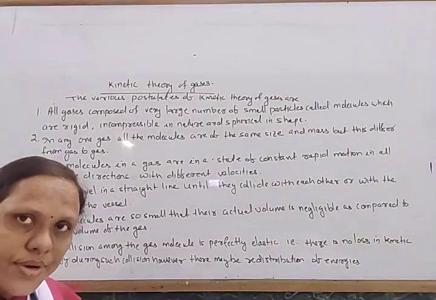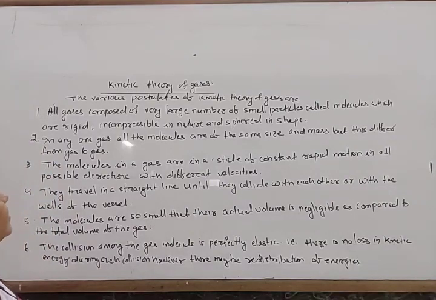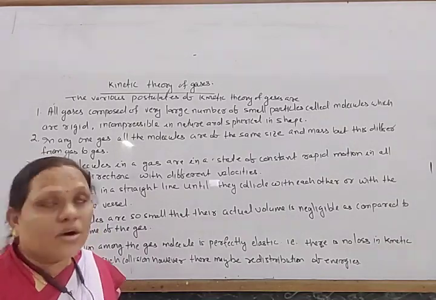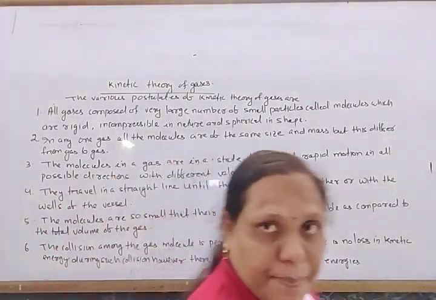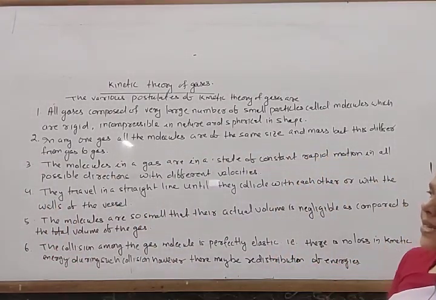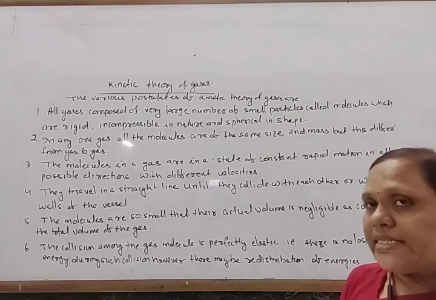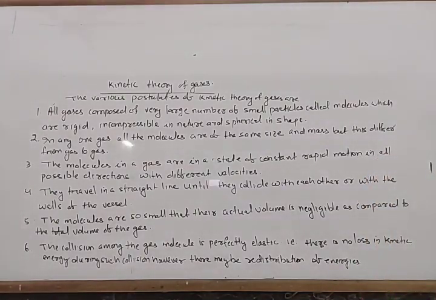Note down some points of kinetic theory. All gases are composed of a very large number of small particles called molecules, which are rigid, incompressible in nature and spherical in shape. In any one gas, all the molecules are of the same size and mass, but this differs from gas to gas. The molecules are in a state of constant rapid motion in all possible directions with different velocities.